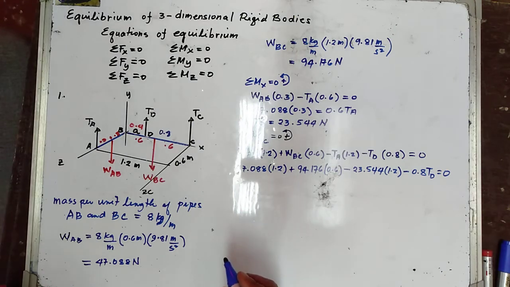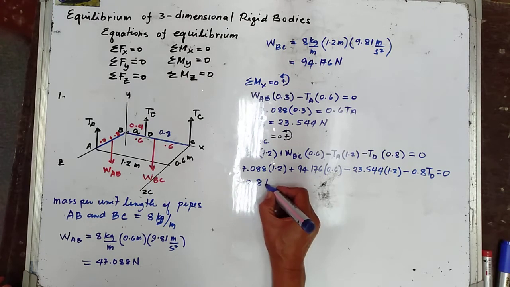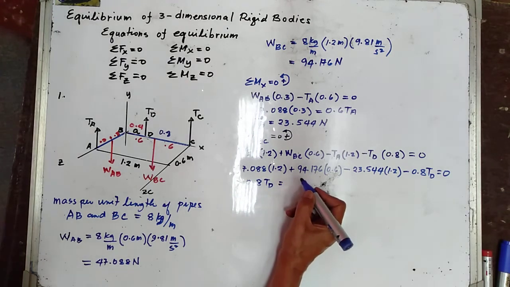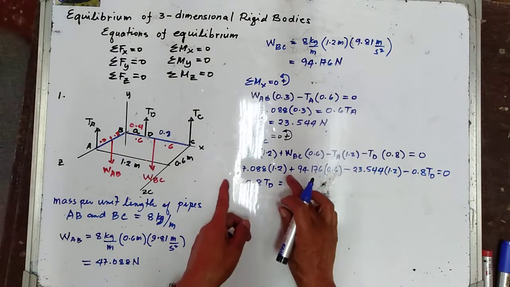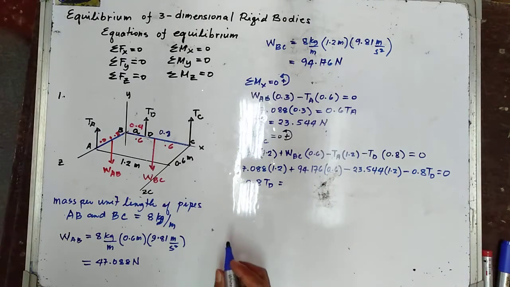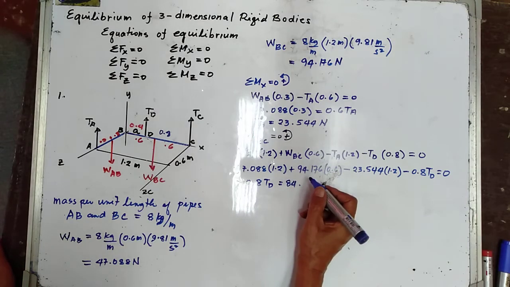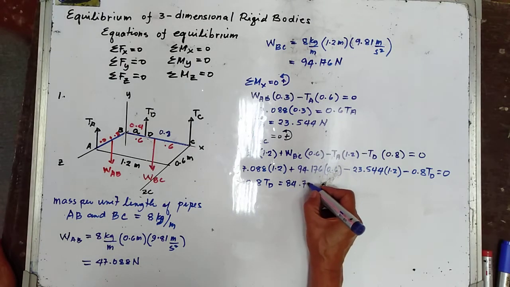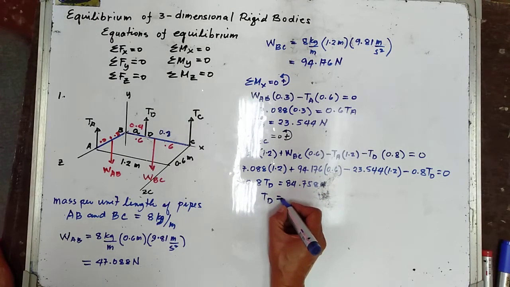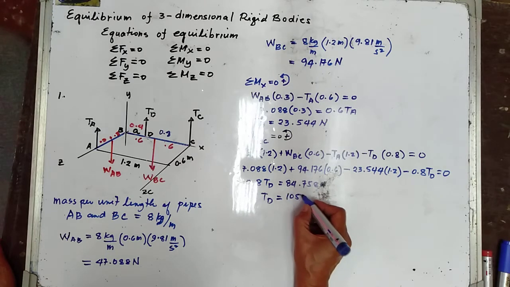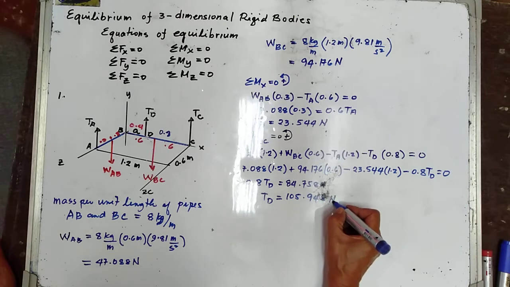So 0.8 TD is equal to the algebraic sum of these three terms, which is 84.7584. So your TD is now equal to 105.948 newtons.